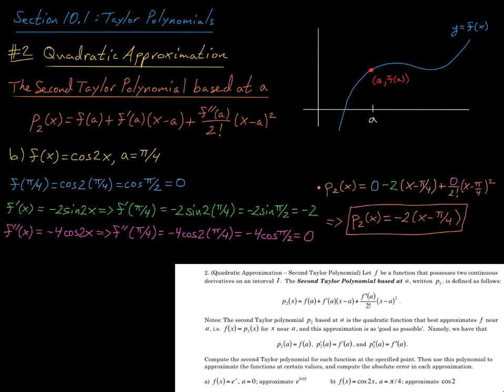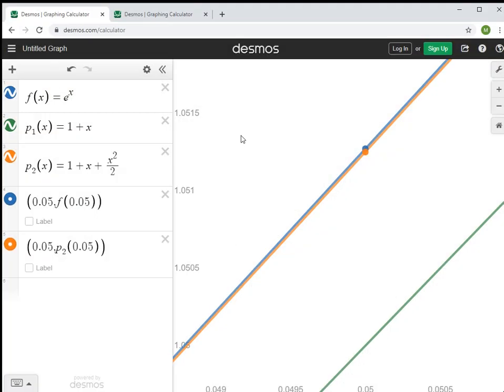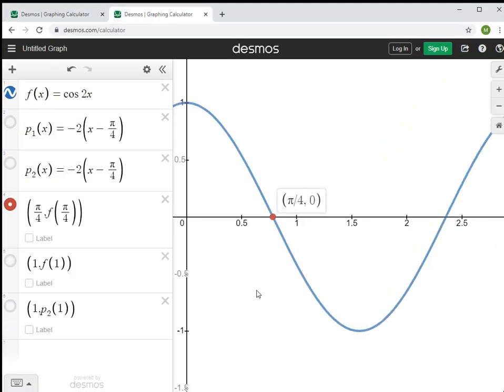Now putting all that together in the definition for p2 of x, we get that p2 of x is, in fact, linear. It's negative 2 times the quantity x minus pi over 4. It's linear because the second derivative term is 0, so the quadratic term actually just drops out. So what's going on there? You might say, wait a minute, I thought p2 of x was supposed to be a parabola.